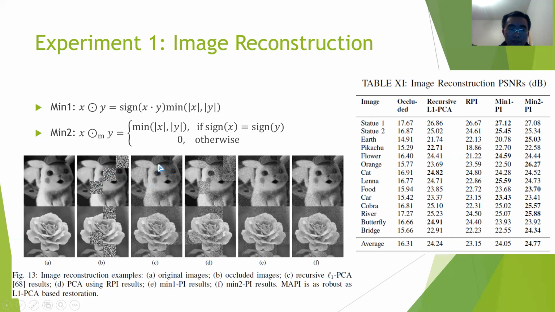So we will get the result of C, which is the result from the recursive L1 PCA, and D, which is the result from the regular power iteration, and E, which is the result from our min1 power iteration, F, the result from our min2 power iteration. So how do we do that?